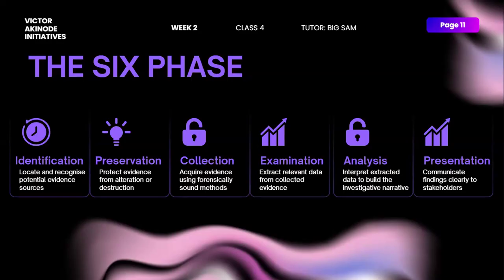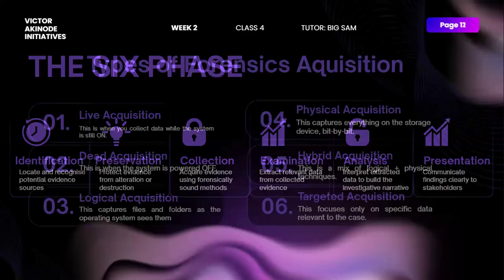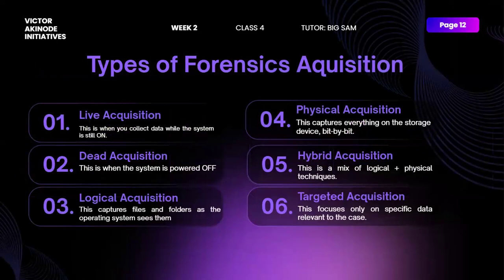You have to always choose the data. The presentation is you trying to communicate your findings clearly to the stakeholders. And there's always presentation in all aspects of cybersecurity if you're going to ask me, because there's always a need for you to present it to people that are not technically sound.